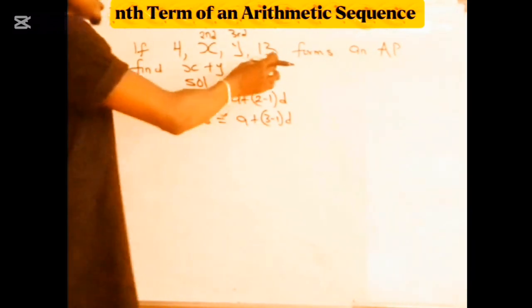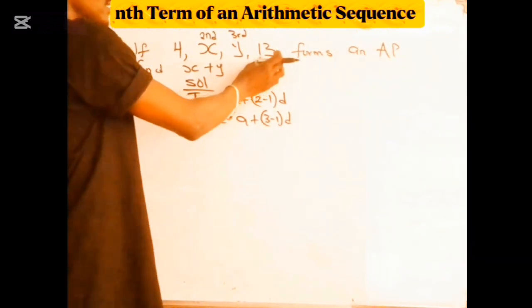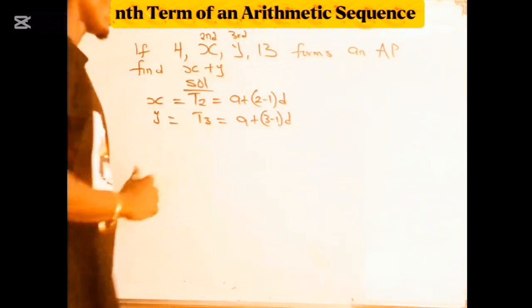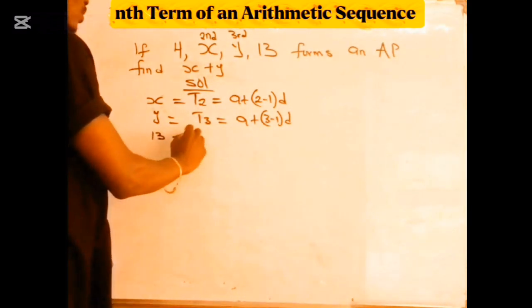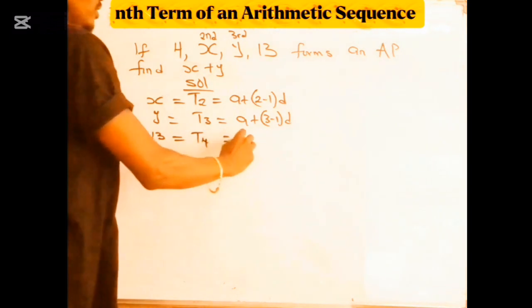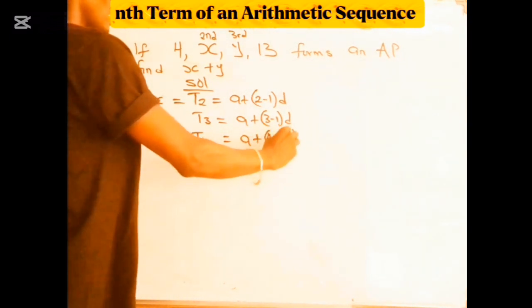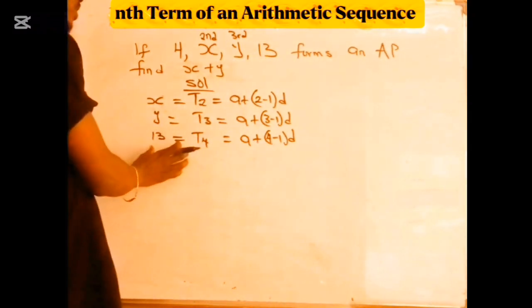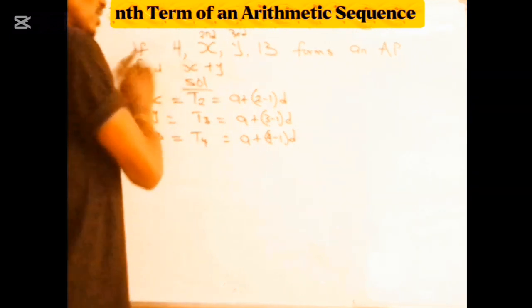Since the fourth term is given as 13, which is T4 is given as 13, let's use T4 to find it. So you say 13 is equal to T4, which is A plus 4 minus 1 D. Now let's use the 13 to find D, since we already have our A as 4.